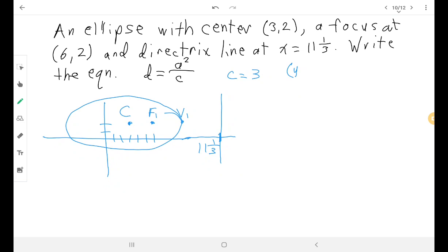We know it's wide instead of tall, so it's going to be x minus h squared over a squared plus y minus k squared over b squared equals 1. And I know that because I drew it and I'm looking at it, and the focus point and the major vertex all run along the major axis, so it's really easy for me to tell that when I draw it, right?